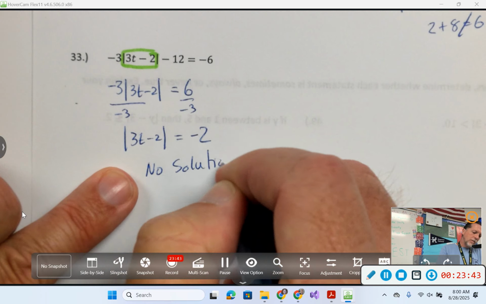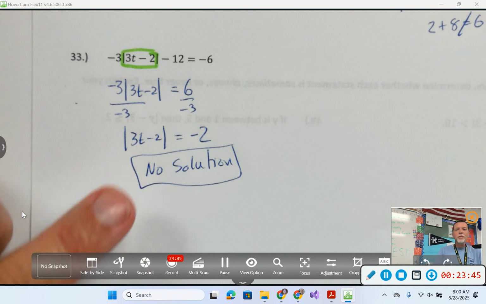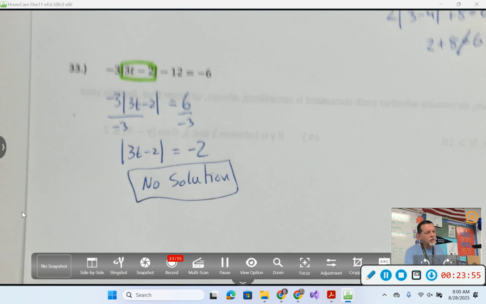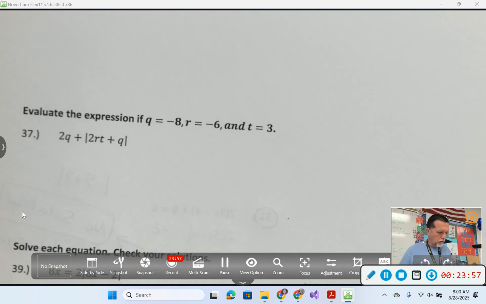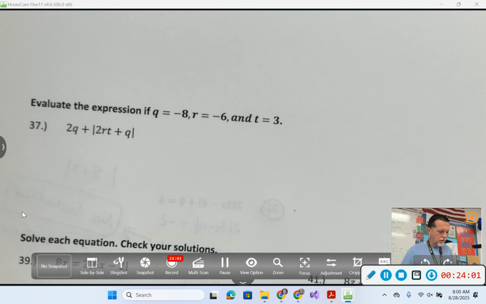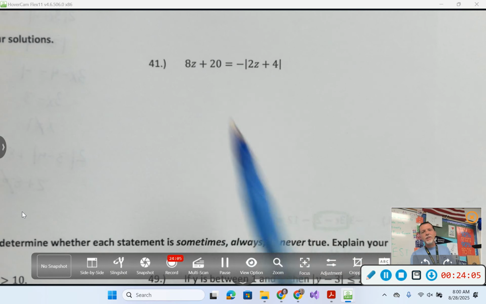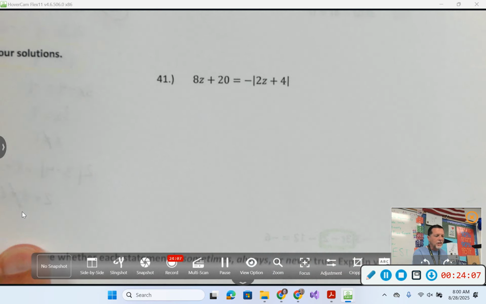But some people make two mistakes: the over mistake and the under mistake. The overdoing it mistake is, as soon as you see a negative, you say, whoops, negatives don't work, no solution. No, you have to do a little work before you know that.